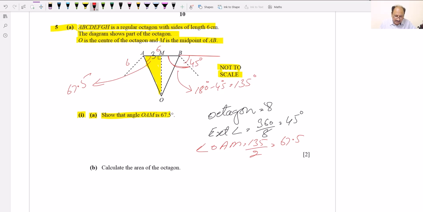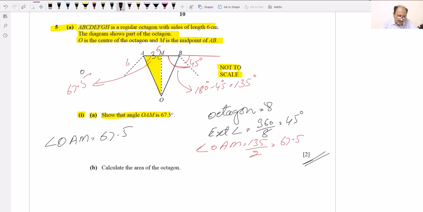Now in the shaded triangle which we have shown over here, this is what we have already done. This is 67.5, so we can write here angle OAM is equal to 67.5 degrees. This is what for 2 marks we are done with.